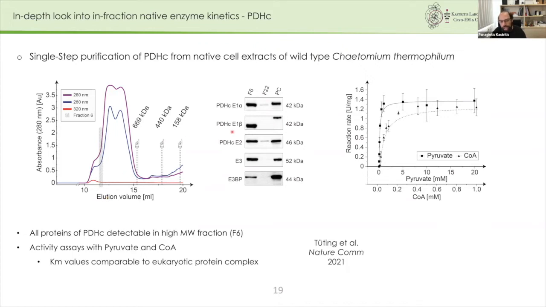Here we developed more antibodies to directly identify all of its different protein subunits, in total 176 of them, of these 5 polypeptide chains. In the meantime, we have also developed in my lab an in-house activity assay to derive KM values for this huge complex.